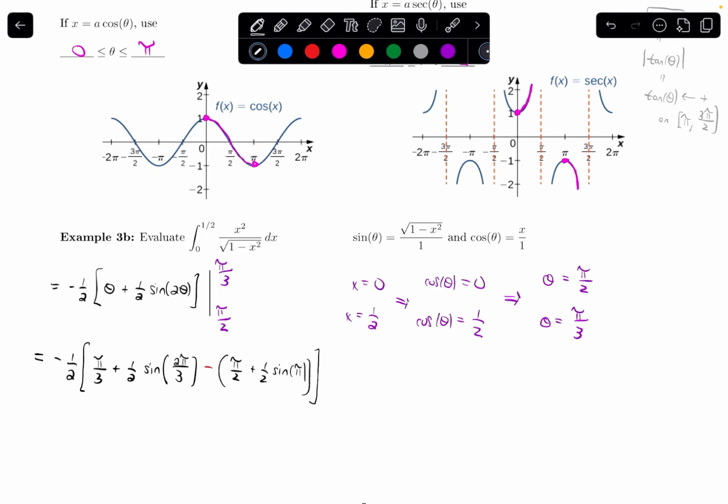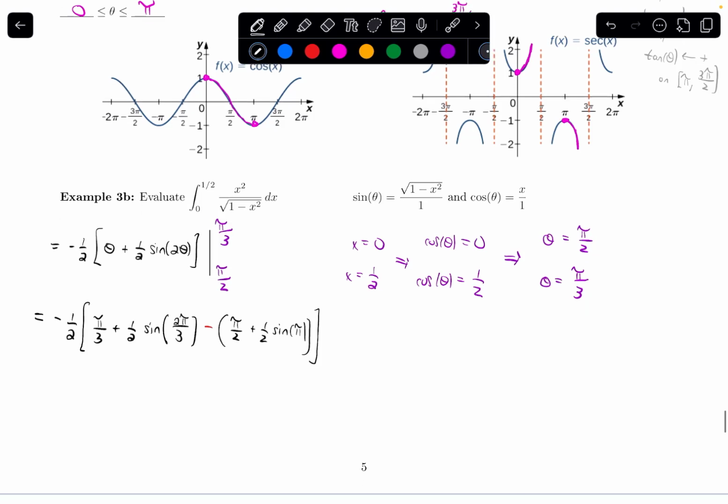Okay, so nice. So I can simplify this a little bit. Sine of 2 pi over 3, that just becomes root 3 over 2. Sine of pi just becomes 0, so that goes away. Okay, nice. From here, I can get some common denominators, like with pi over 3 minus pi over 2, and then I can distribute this negative 1/2 into terms.